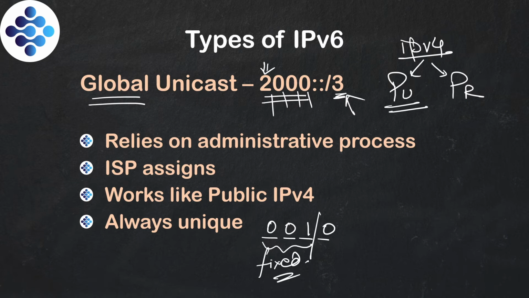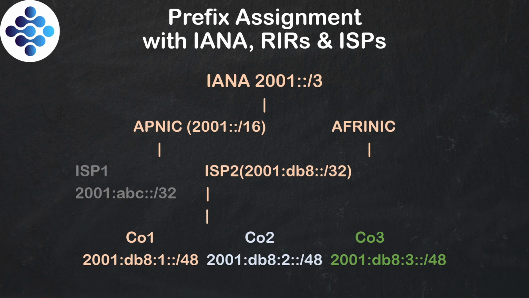Now this is Global Unicast because it is always unique. That's the reason it relies on administrative process. ISPs, they assign these IP addresses and they work like public IPv4, as we discussed, that they are the live IP addresses. So this is the prefix assignment with IANA, RIRs and ISP.